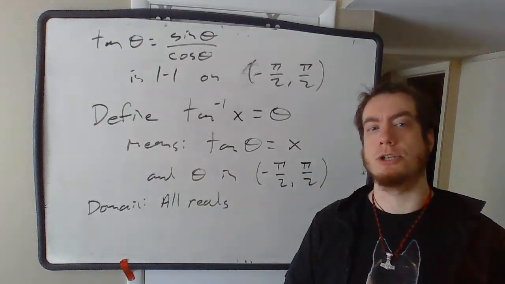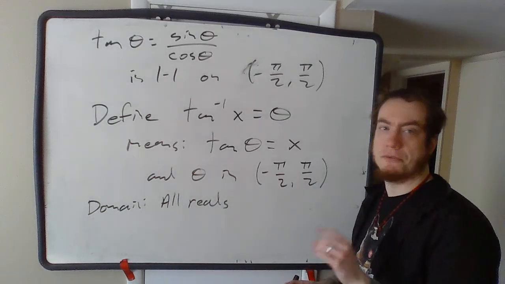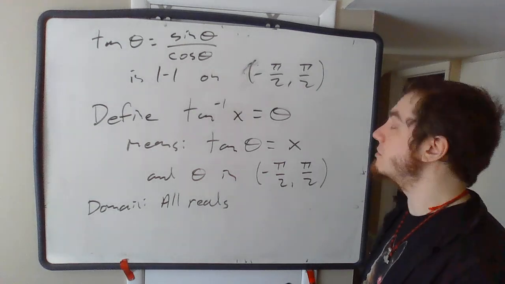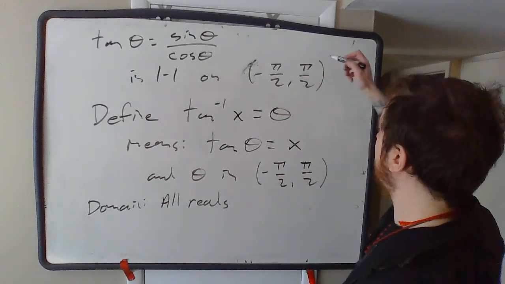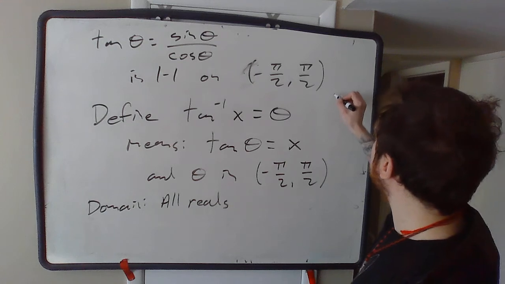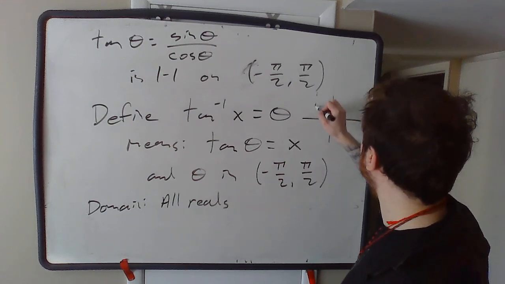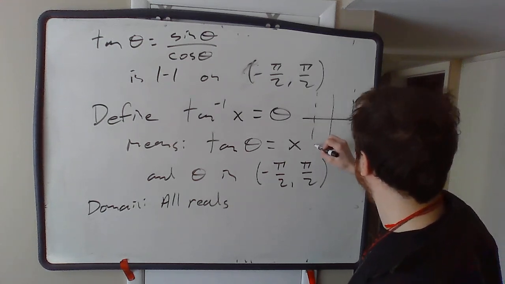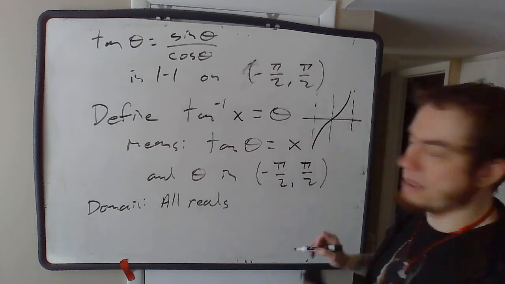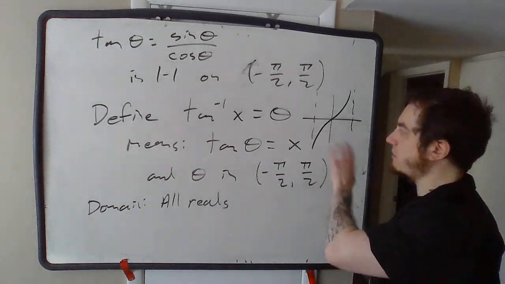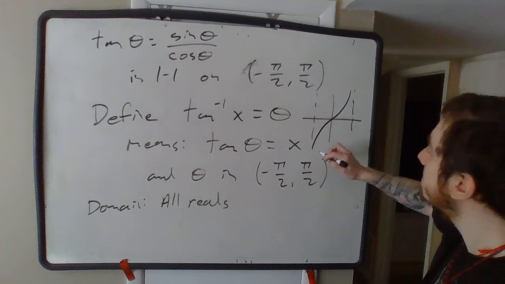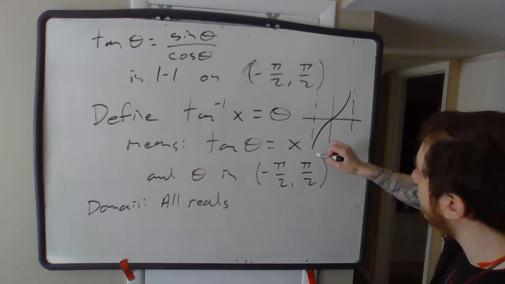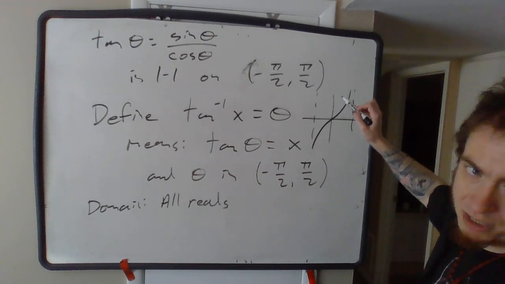It's probably easier to just look in your book, but we did do this in one of the videos as well. If you look at this thing, from minus pi over 2 to positive pi over 2, it looks like this. This is the world's fastest sketch, and I didn't label anything, but it really does go all the way from minus infinity to positive infinity.